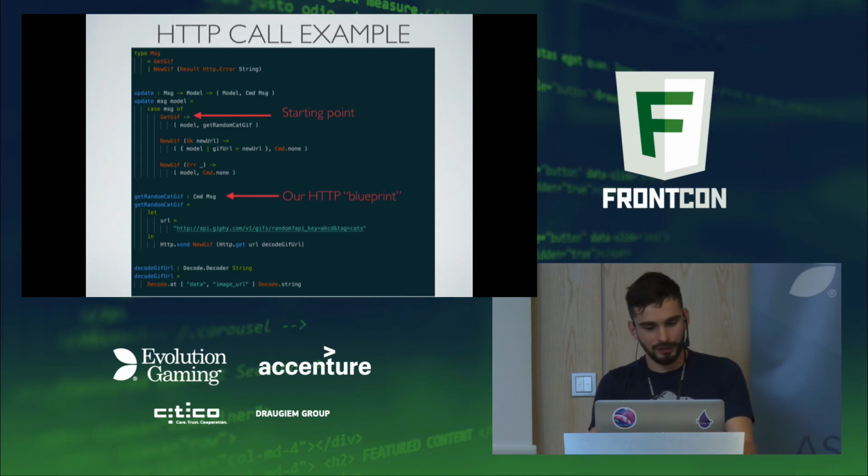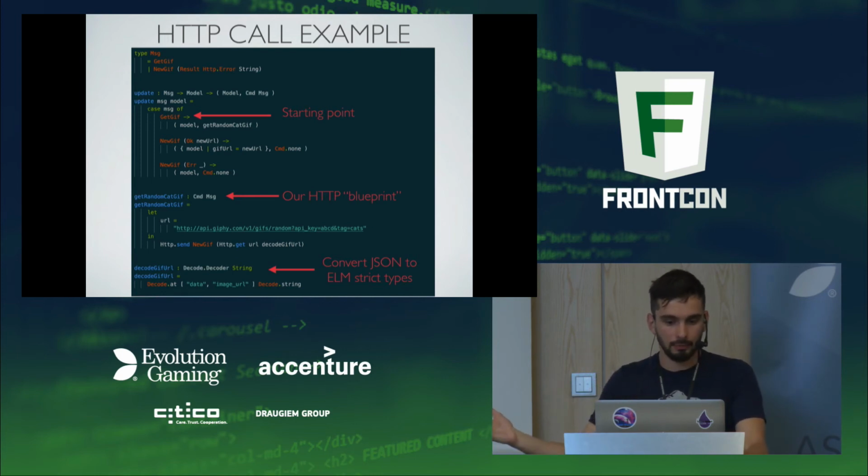The interesting thing here is the decode GIF URL. So decoders are a way for Elm to convert loosely typed JSON structures to Elm strict types, right? And if there is no data image URL field, we will fail. It will error out. And then once we execute this function in Elm runtime, get random cat GIF, we will get a new GIF message.